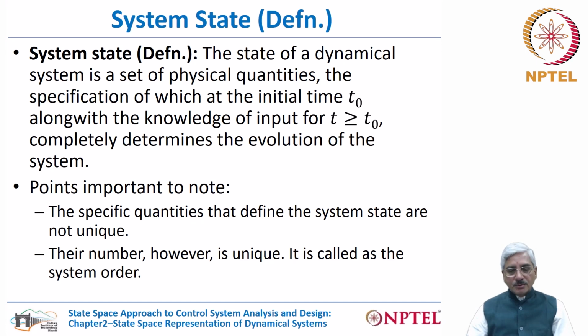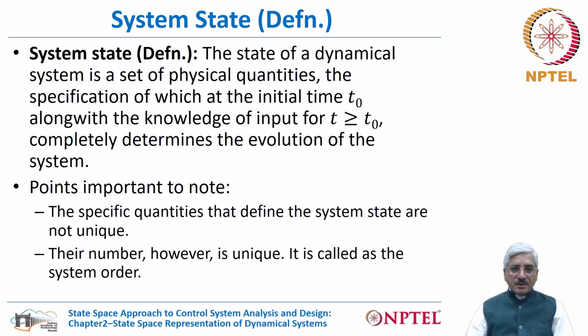Other thing to analyze in this definition is the initial time. What should one understand by the initial time t0? Is it the time when the system was started, or is it the time when we started studying the system, or is it something else?